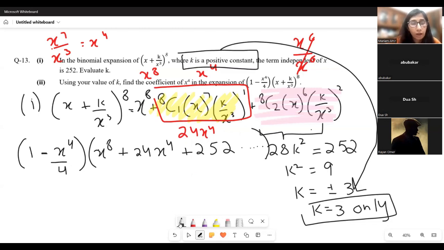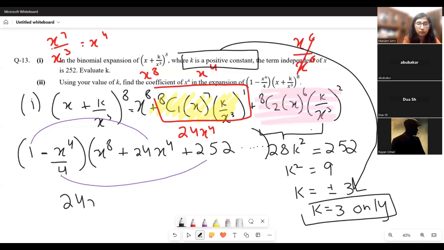Okay, so now what should be multiplied between both brackets so that we get x power 4? 24 with 1, and then minus x power 4 over 4 with 252. That's correct. So we get 24 x power 4 plus 252 times minus x power 4 upon 4.